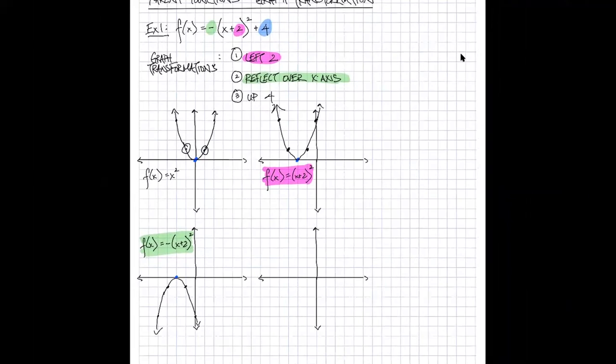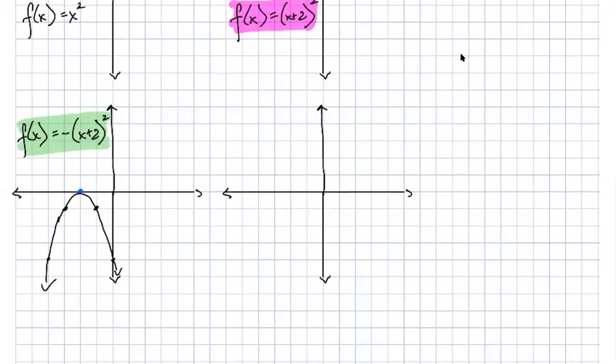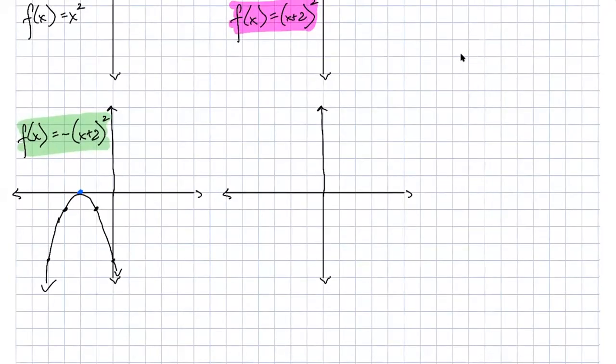Now to get our final graph, we gotta move everything up 4. And so we're gonna take every single point that we had in this third graph and we're gonna move it up 4 units. So the blue dot is now up 4 units, and then everything else follows up 4 units.